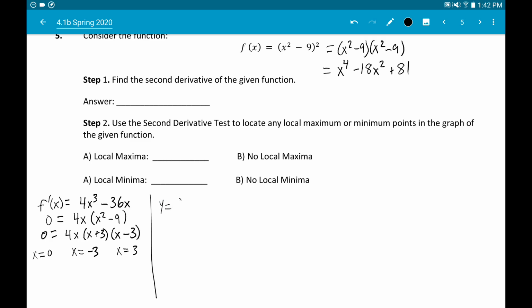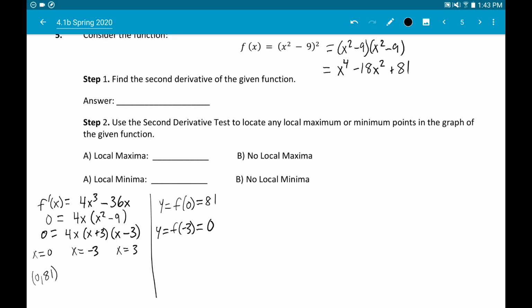If I plug in 0 in the original function there, I'm going to get 81. So (0, 81) is a critical point. If I plug in negative 3, let me get my calculator here. Negative 3 to the 4th minus 18 times negative 3 squared plus 81.